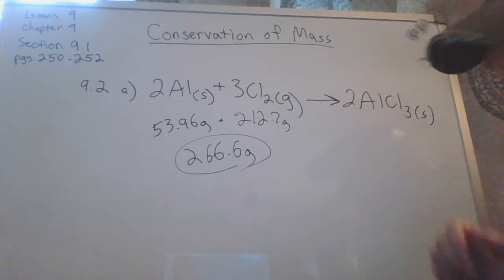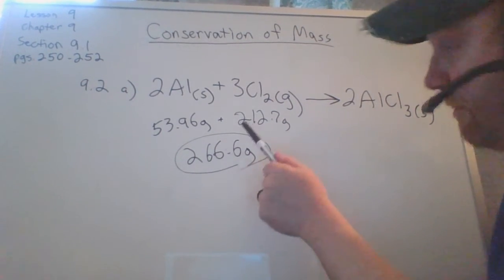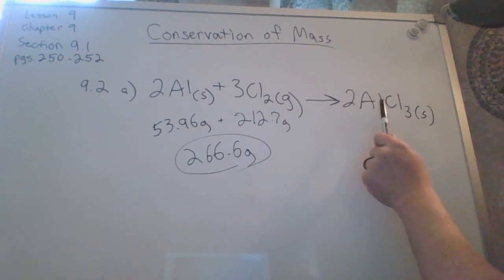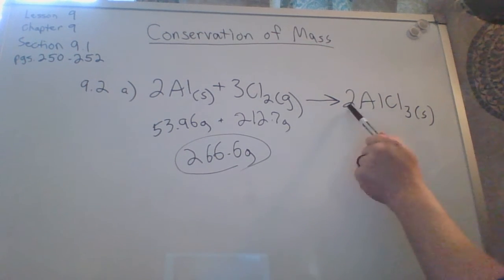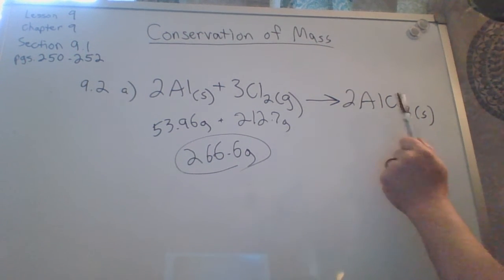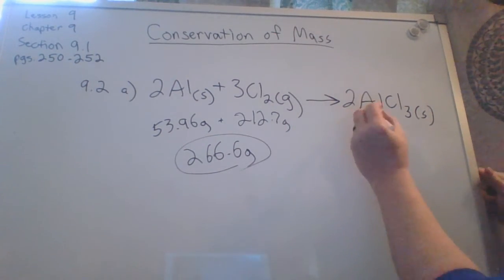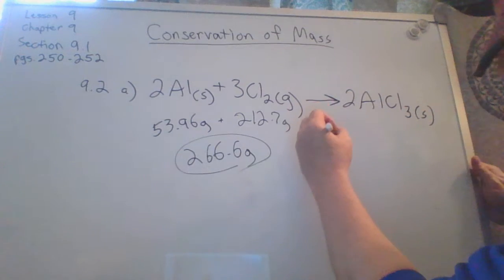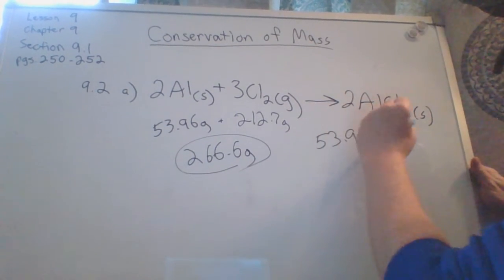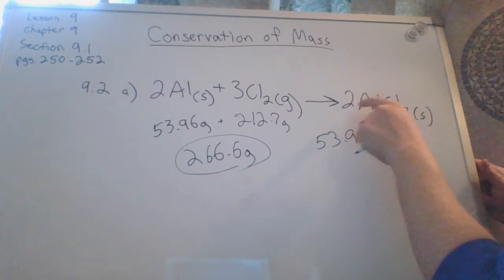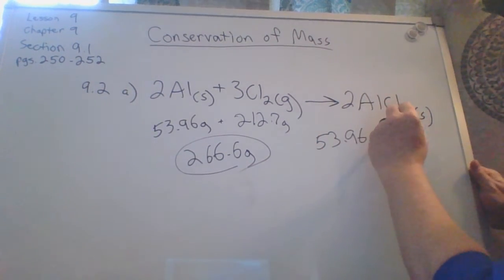If you have 2 moles of aluminum chloride, you're going to have a total of 6 moles of chlorine and 2 moles of aluminum. So it should match. 2 moles of aluminum is going to have a mass of 53.96, and then you've got your chlorines, which will have a mass of 212.7.